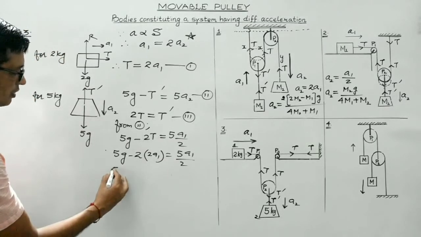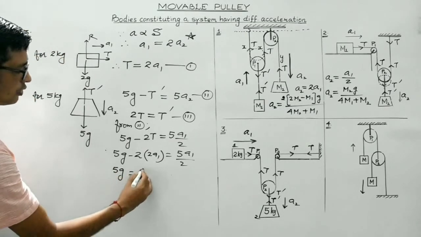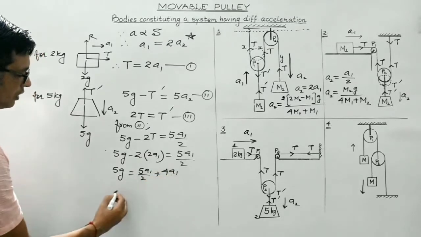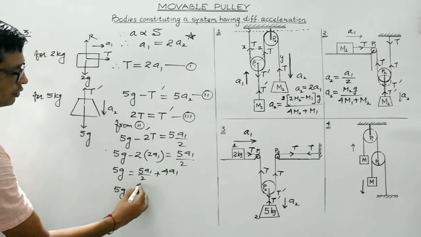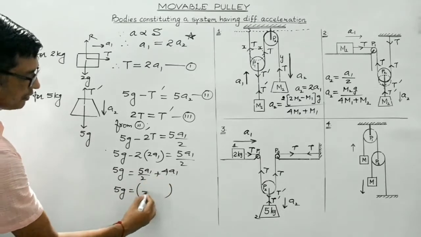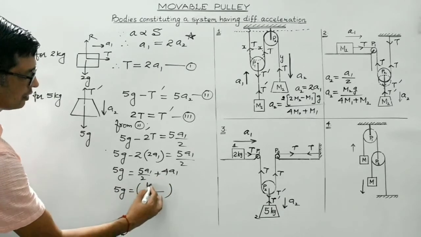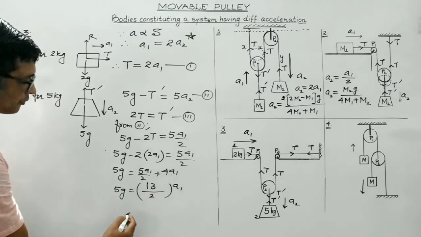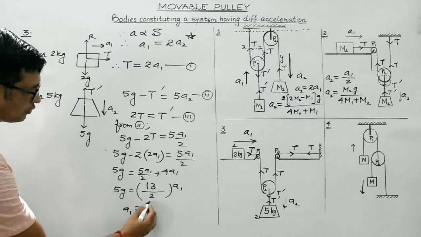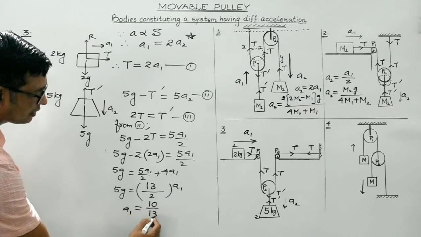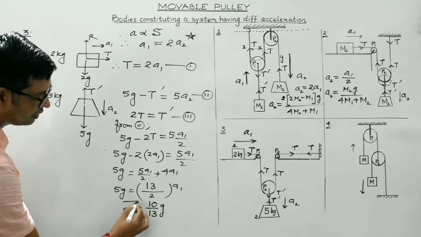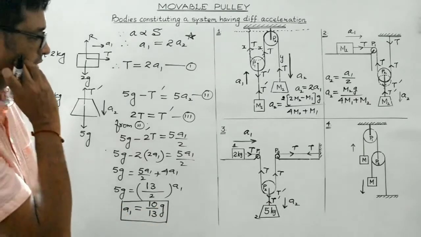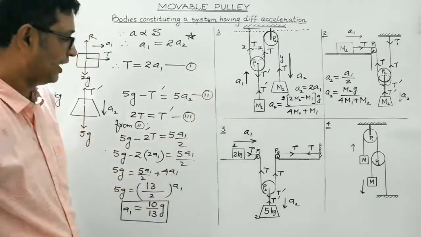Okay, let's solve it. 5g is equal to 5A1 by 2 plus 4A1. So it will give us A1 is equal to 10 by 13 into g. This is the answer. This is the acceleration of the body of mass 2 kg.